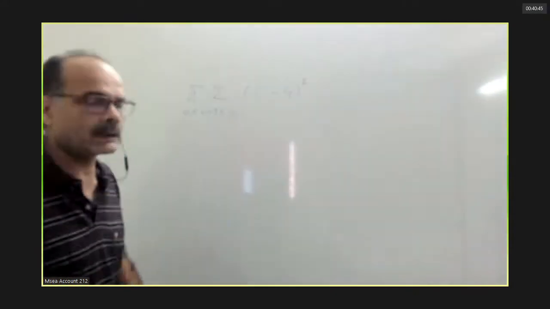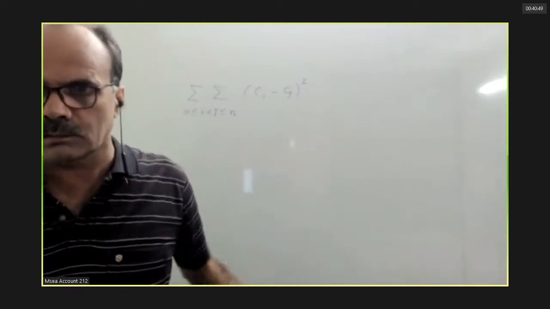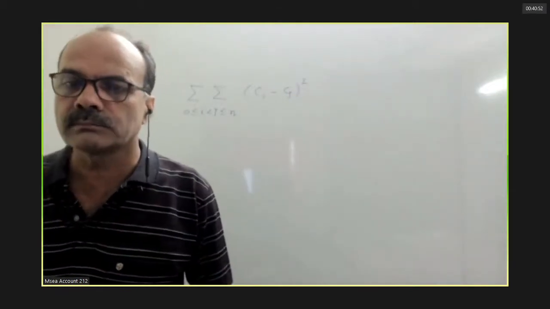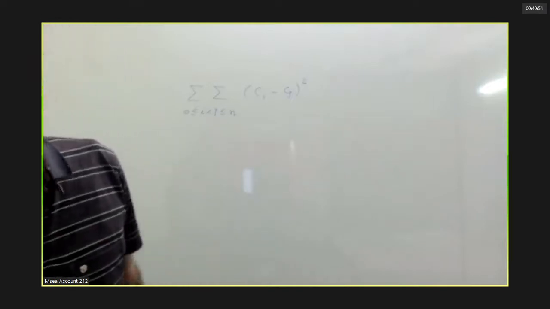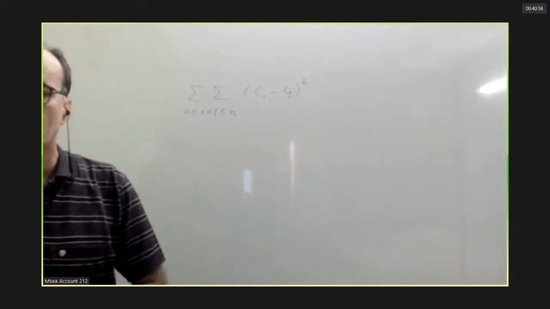Obviously, Ci means nCi. First, you expand this. After that, think of it and find this value.